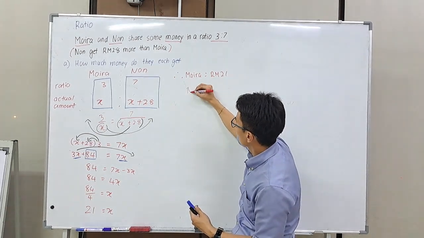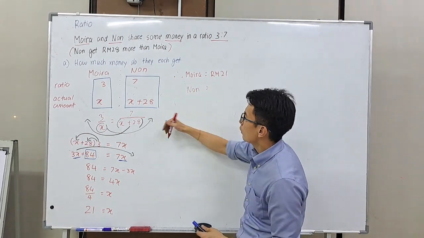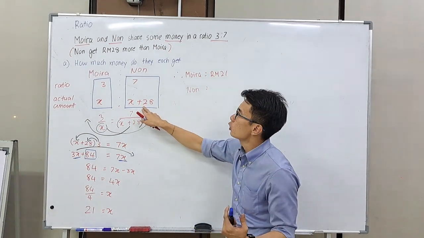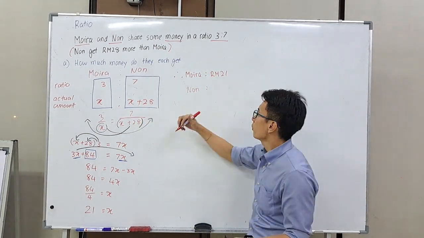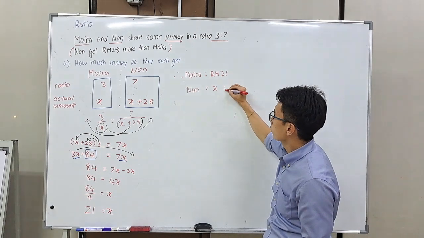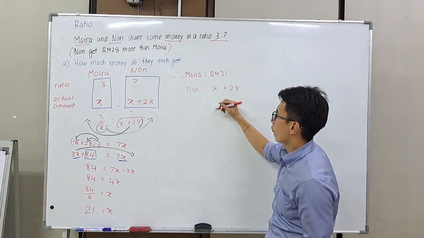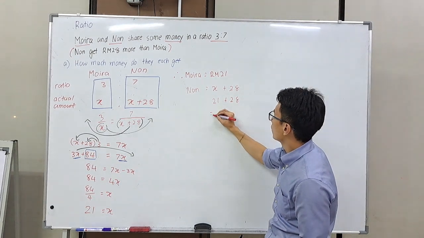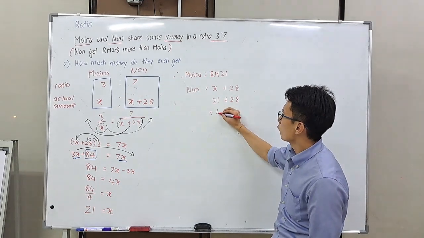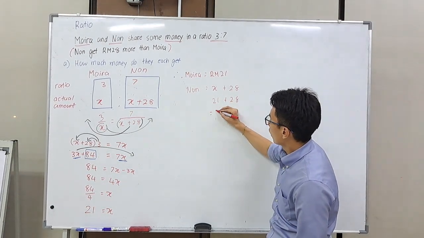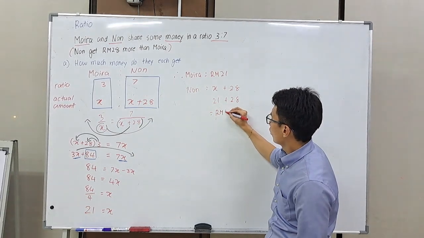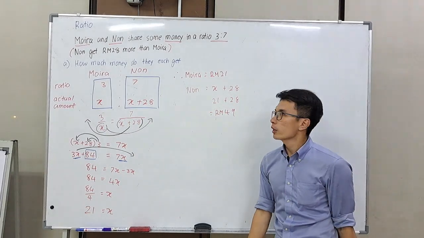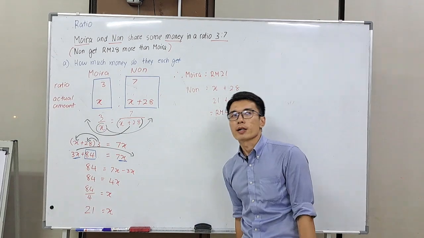And what about Non? We understood that Non always has 28 ringgit more than Moira. So it's going to be x plus 28. We have found the value of x, that's 21 plus 28. And true enough, that will give me RM49.